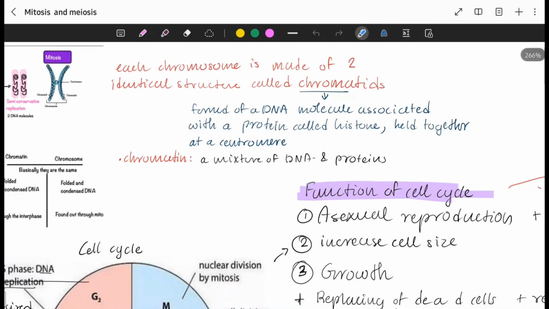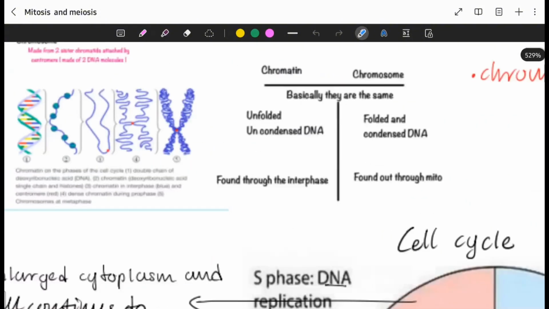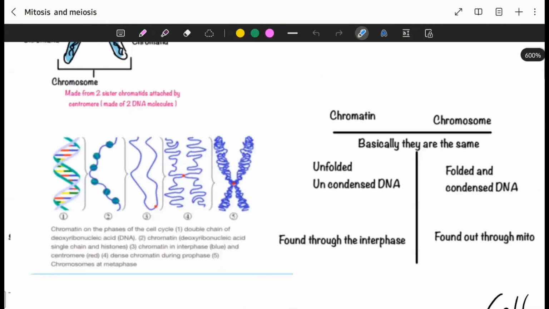Let's go to this one. We are seeing the chromatin in phases of the cycle. We see the double chain of deoxyribose here, the DNA strand. The second picture is the chromatin with the histone proteins, the circular ones.